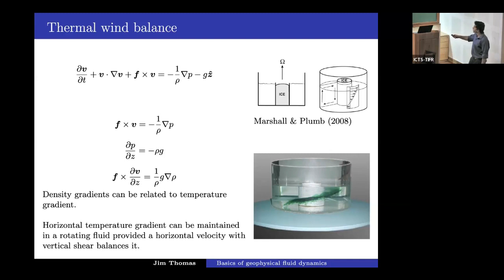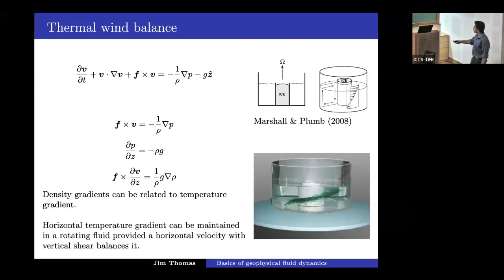This establishes a horizontal temperature gradient: inside we have cold, and outside we have warm fluid, which sets up a horizontal temperature gradient and therefore a horizontal density gradient. If you start rotating this, you'll set up a horizontal flow with a vertical shear, with structure in the z direction.